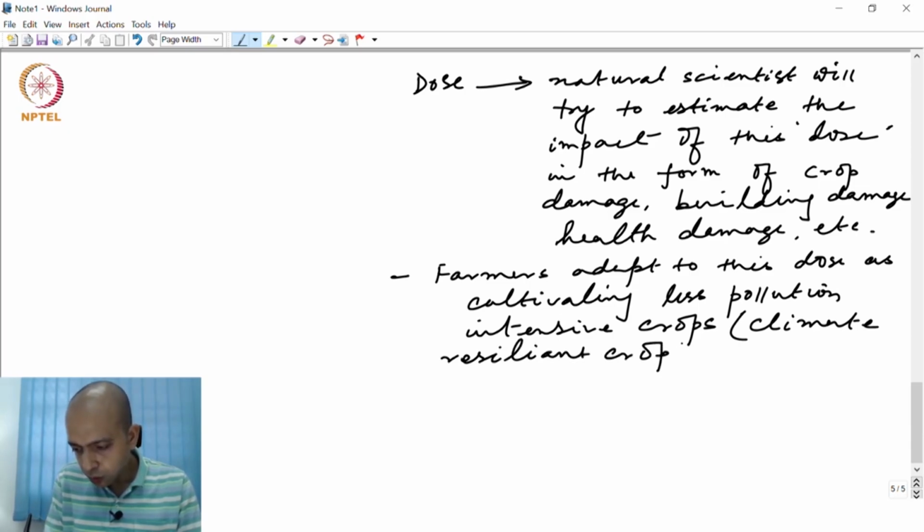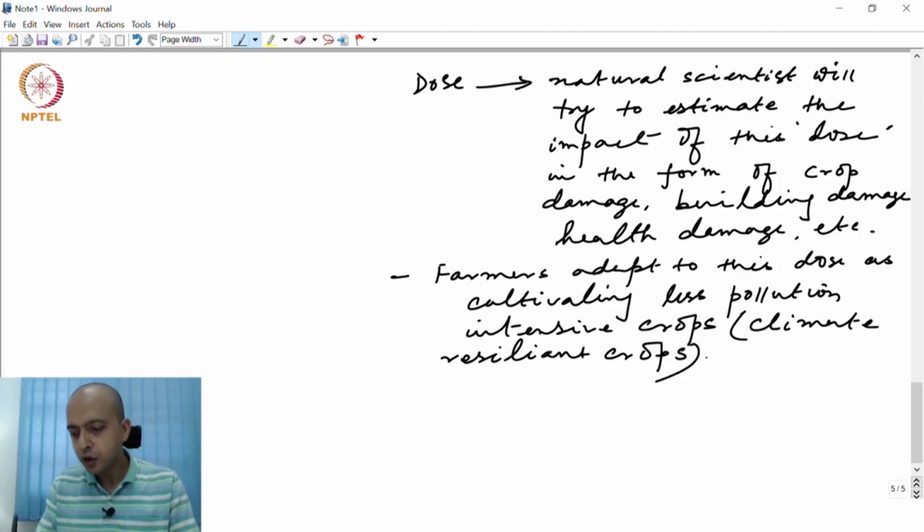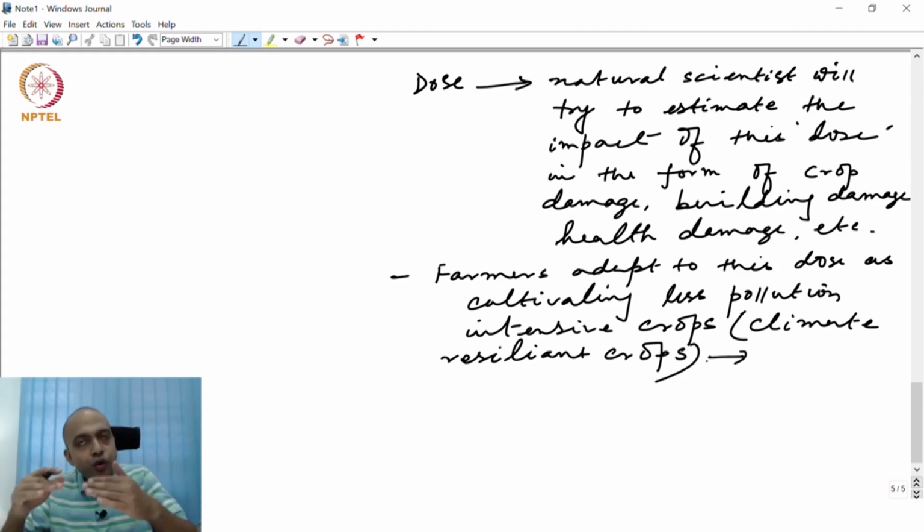So what will happen? There would be a change in farmers' profit. We don't know whether it is negative or positive; in some cases it may lead to a positive impact as well.